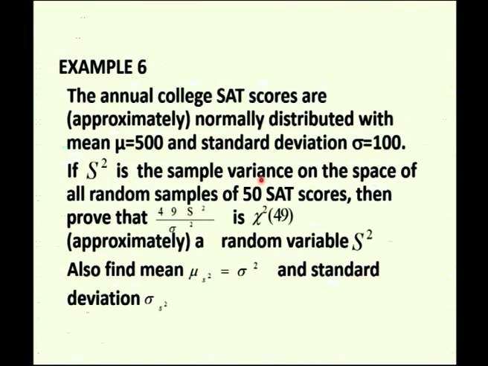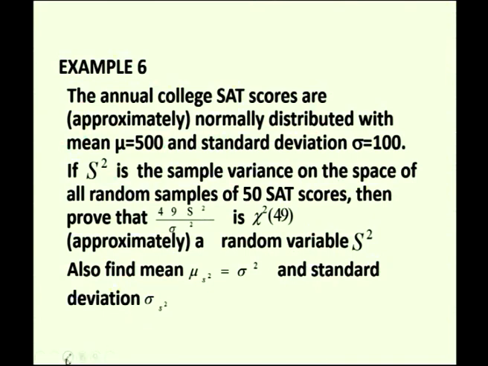If S square is a sample variance on the space of all random samples of 50 SAT scores, this is the sample size, 50 has been given, then prove that 49 S square by sigma square is chi-square of 49, approximately, a random variable S square. Also find mean mu S square and standard deviation of S square, that is sigma S square.